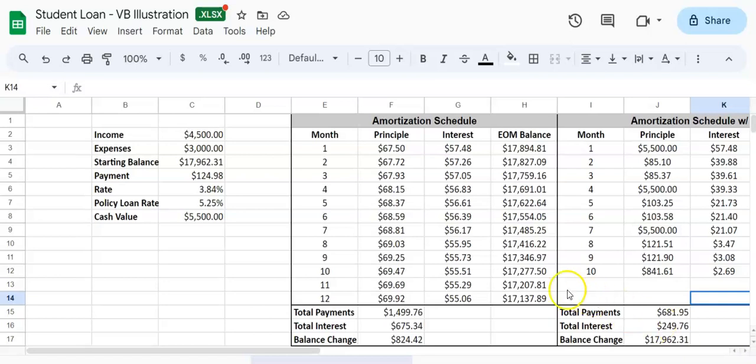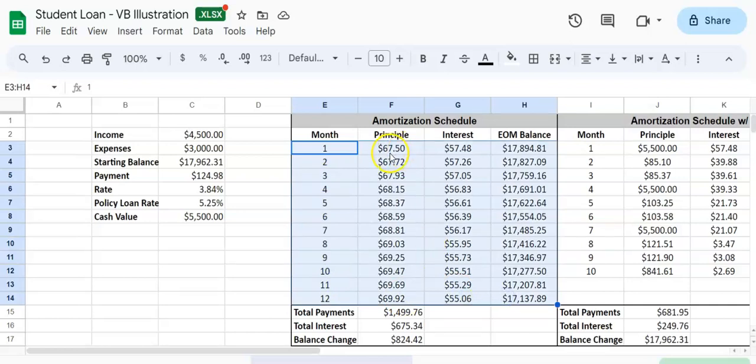So you'll see here I have illustrated 12 months of loan payments, and this is if one was to just follow the typical amortization schedule laid out on the loan. And in that 12-month period, there would be $675 of interest volume paid out on this loan.